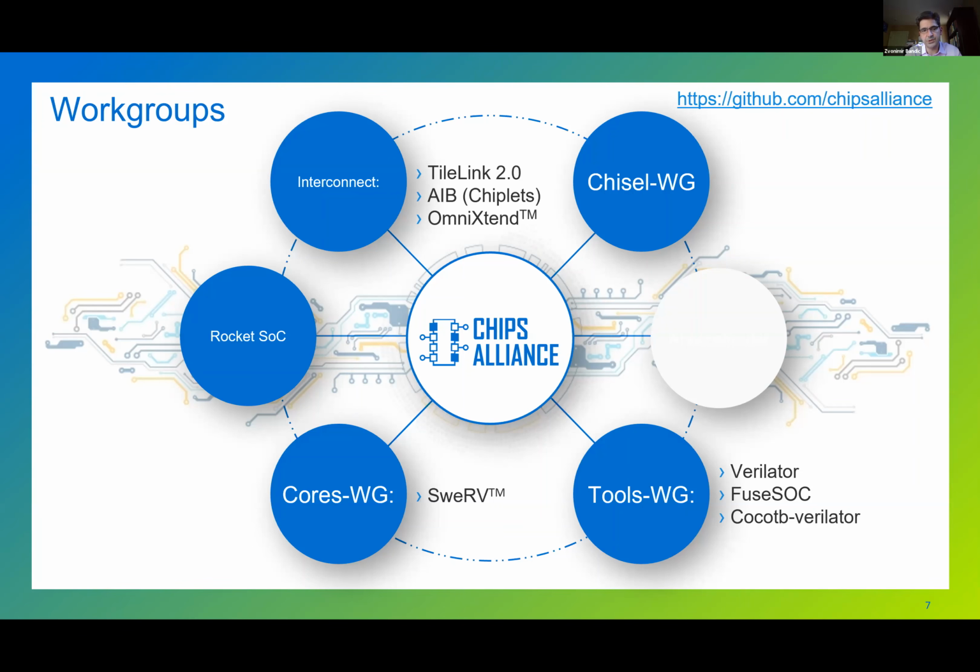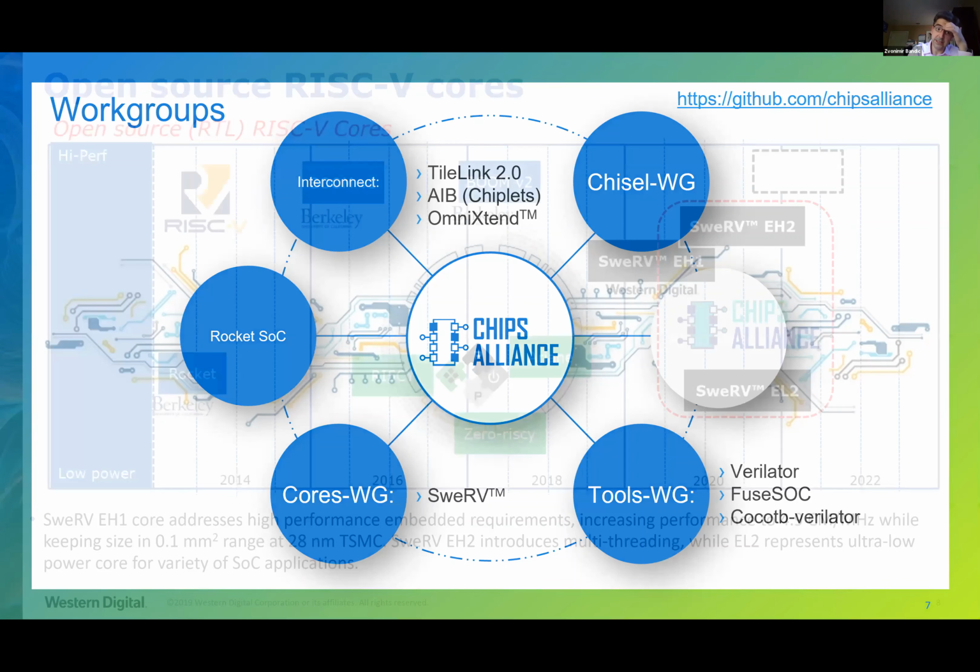There is a Rocket SoC group that hosts a Rocket SoC generator that originated from Berkeley. Then the Cores work group hosts the family of SweRV Cores. And finally, the Tools work group has the open source RTL simulator called Verilator, the FuseSoC package manager, and the Cocotb Verilator project.